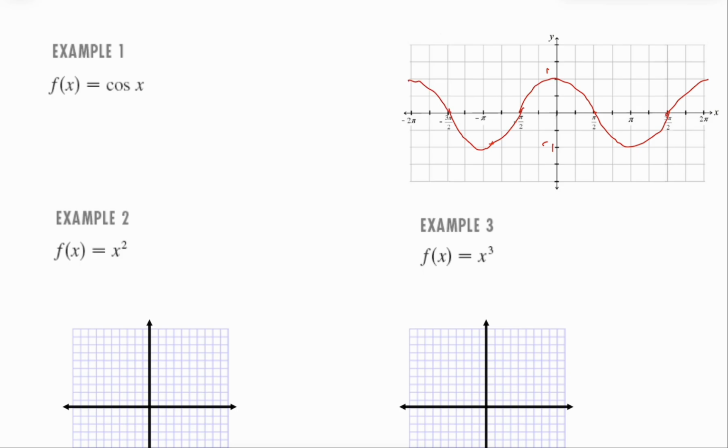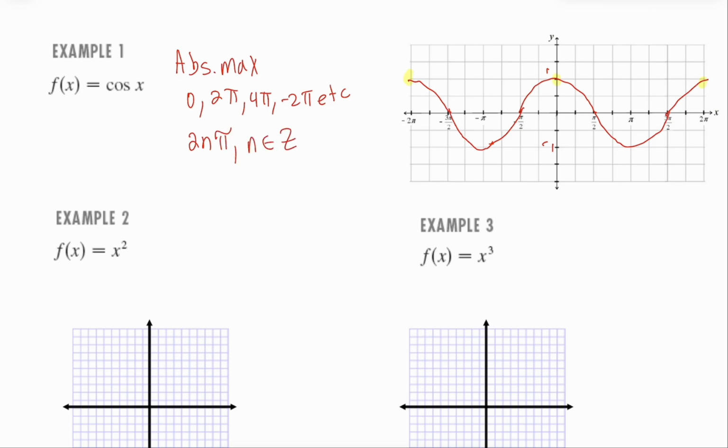The local maximums are also the absolute maxes of these points. And you'll notice they happen on the even pies. So we can say that the absolute maximums occur at 0, 2 pi, 4 pi, negative 2 pi, etc. Now mathematically we should write that as an even, so we say 2n pi when n is an integer.